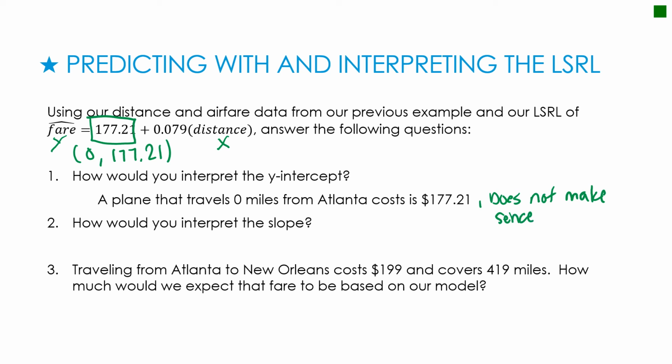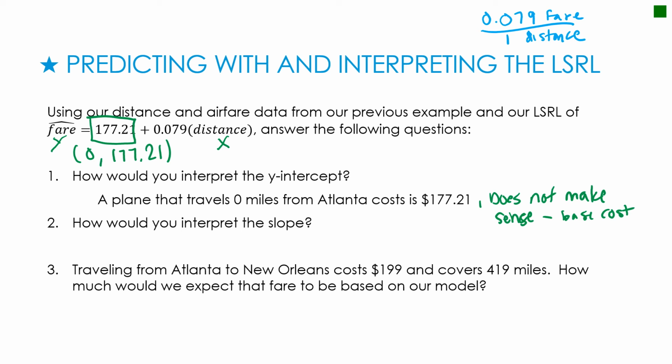I could also say that this might just be the base cost or the beginning cost, the starting point at which all flights would then increase from there. How would I interpret the slope? Remember that the slope value is 0.079, and that's 0.079 y's over 1 x, which is x is distance.